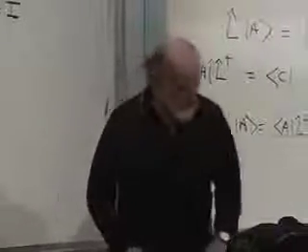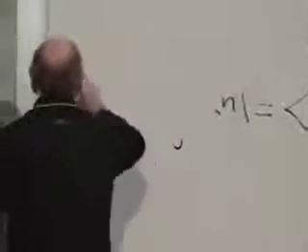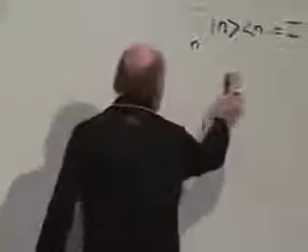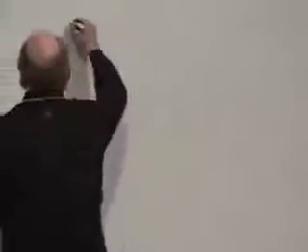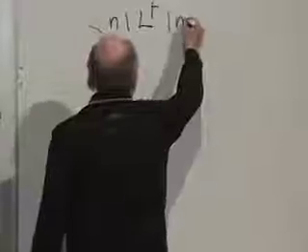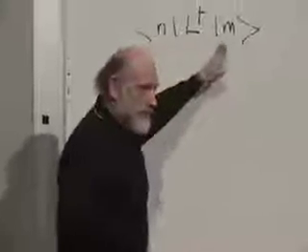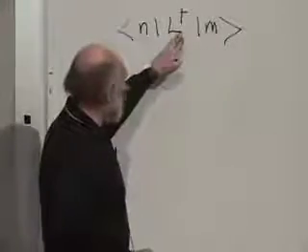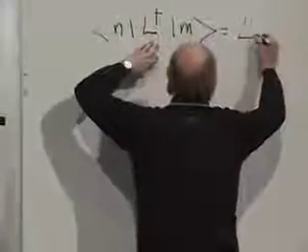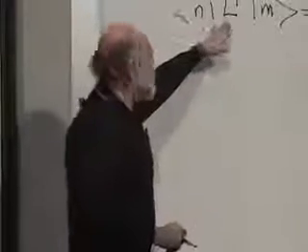Now, let's consider a useful way to define complex conjugation now. We can define it in terms of a basis. Supposing we have a basis of vectors, and we consider the inner products N, L, conjugate M. If we know all of the matrix elements in a basis, and we can call these things L, N, M, then we know everything there is to know about the operator.